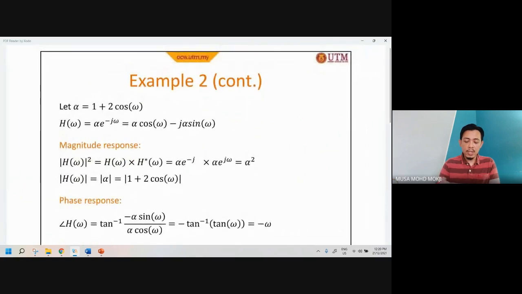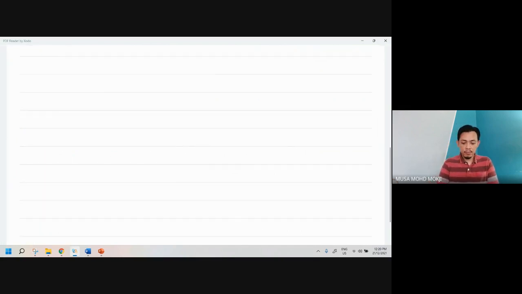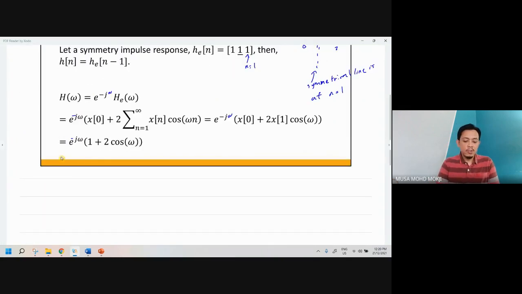And we can do some manipulation on the maths so that we can get our magnitude. Because if we look at this one, when we have a delayed symmetry signal, our frequency response is not entirely real valued. Because now we have this e minus j omega, so actually we have the imaginary value here.